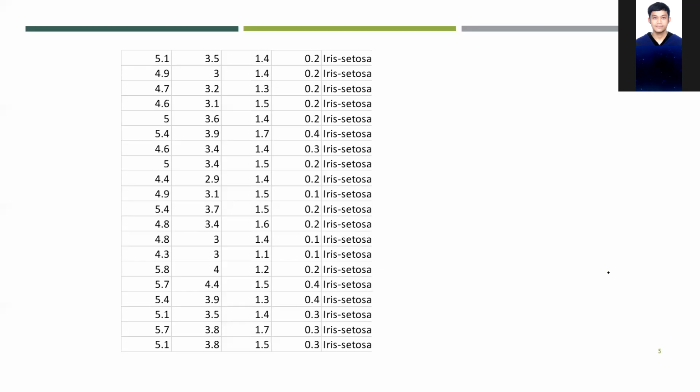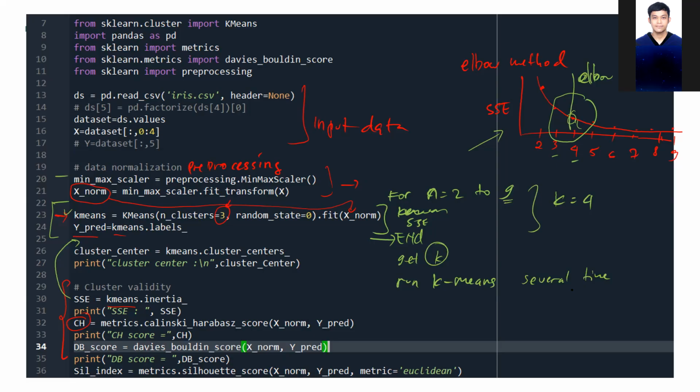Why do we have to run several times? Don't forget we have to evaluate our result. Maybe in one run the clustering result looks like this, but in another run the clustering will be different.